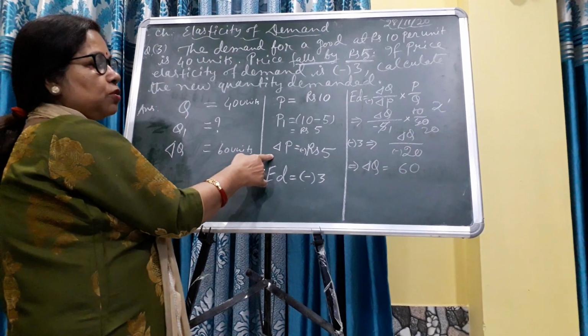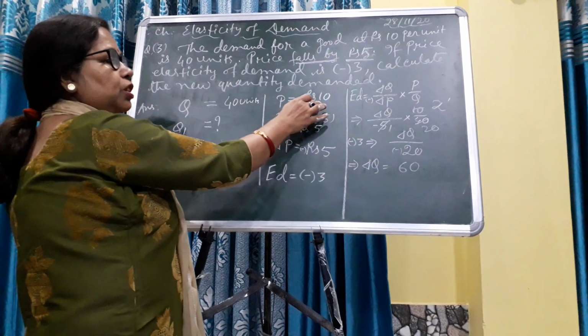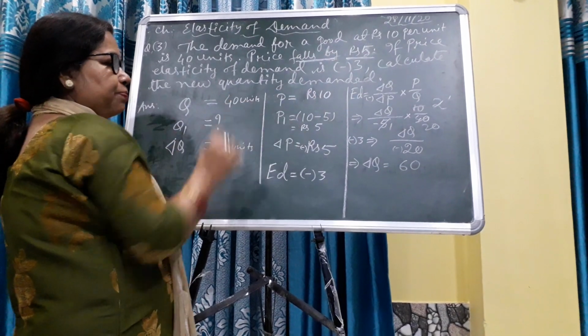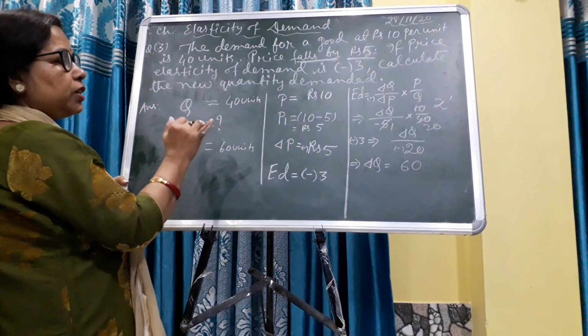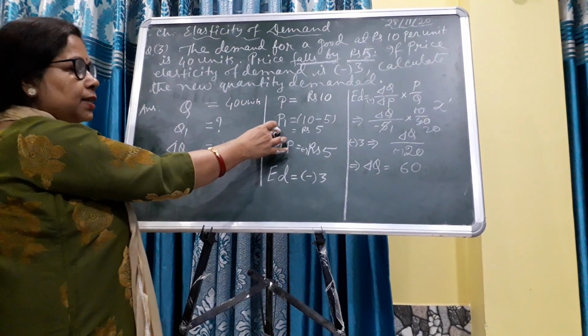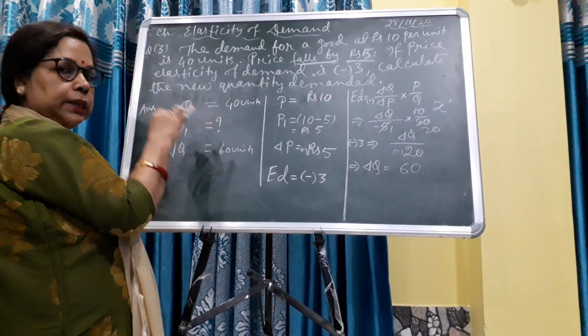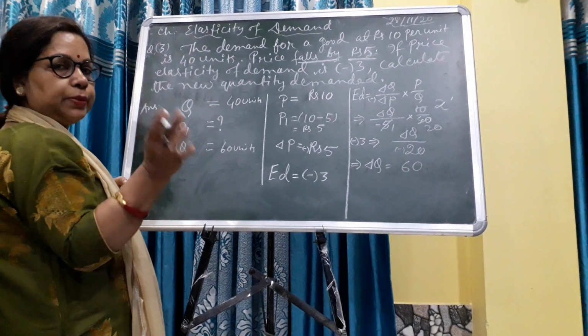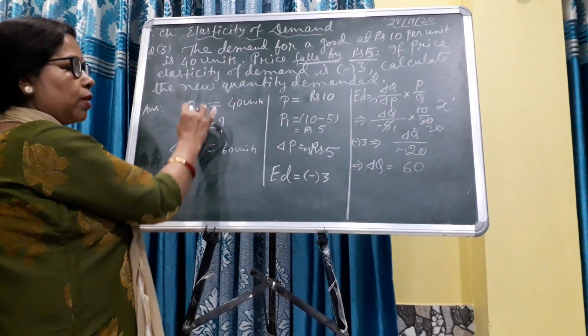Price falls, that's why the new price is 5. From this we see that when price falls, the quantity will increase because there is a negative relation. So price falls, quantity increases.